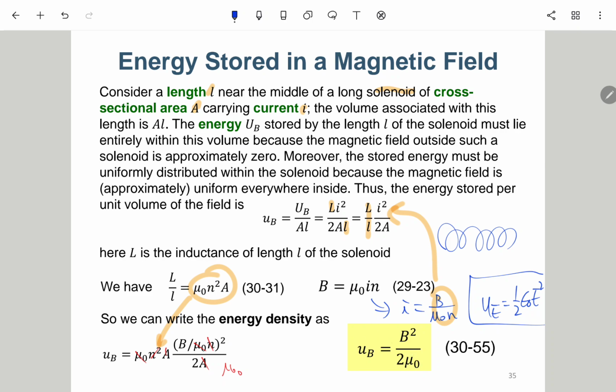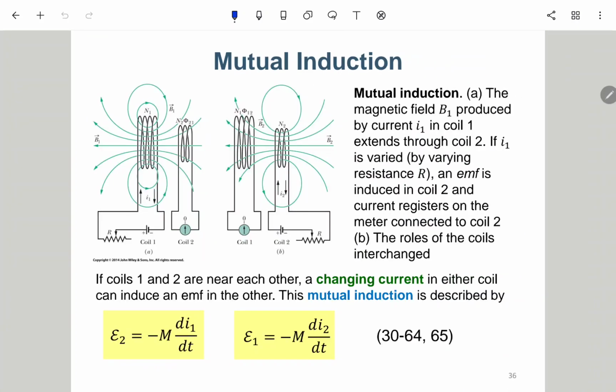So in chapter 33, when we talk about the electromagnetic wave, we will use these two equations.